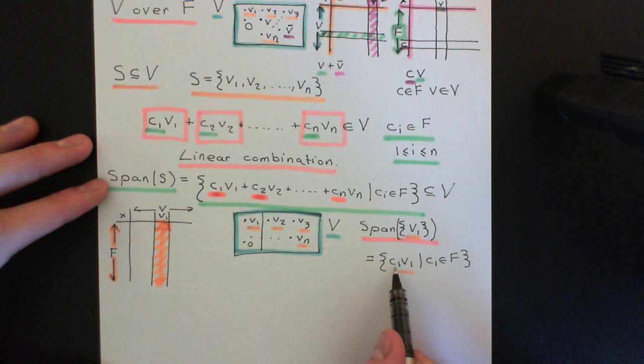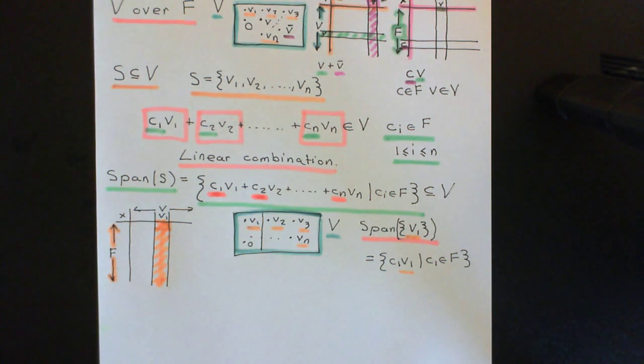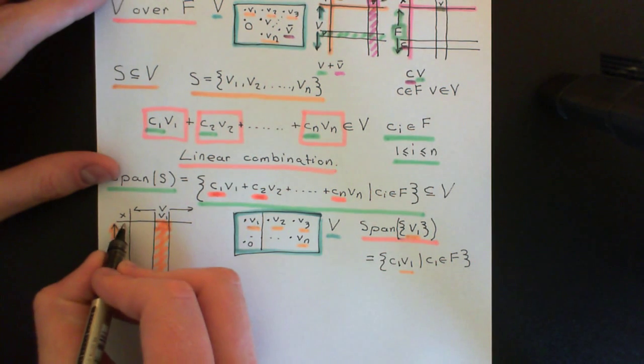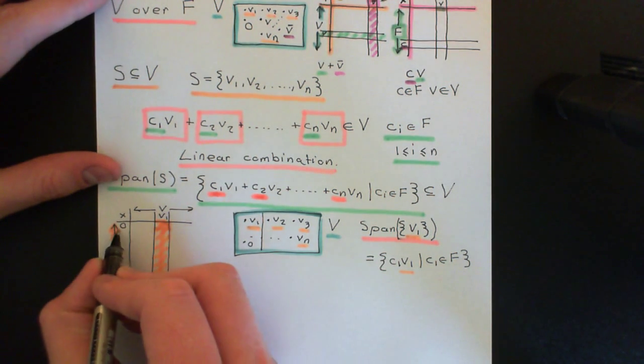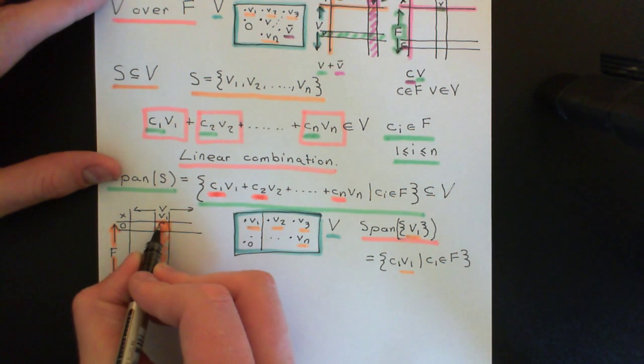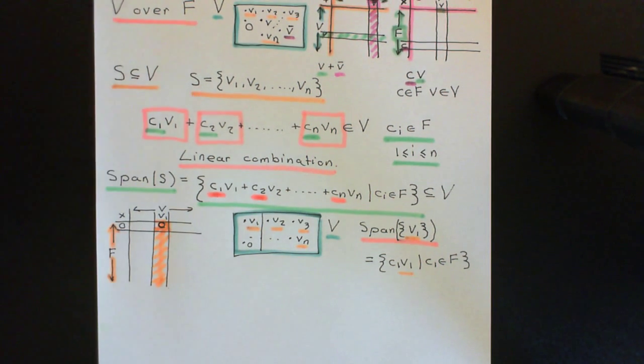Now when you multiply any vector by 0, it gives you the 0 vector. And you can prove that straight away from distributivity, and I believe we do that in the video on definition of a vector space. So in absolutely all of these you'll end up with the 0 vector being in there. And that will be the element of this column corresponding to multiplying V1 by the 0 element in the field, so you end up with the 0 vector here.